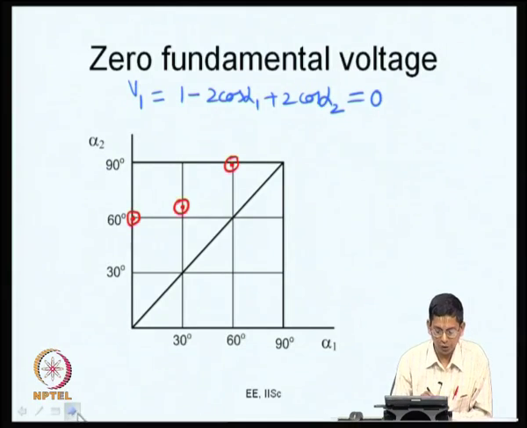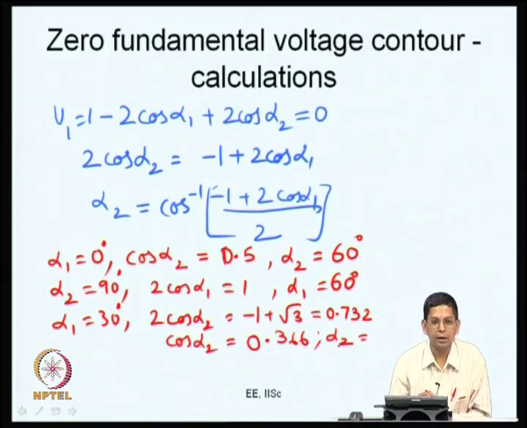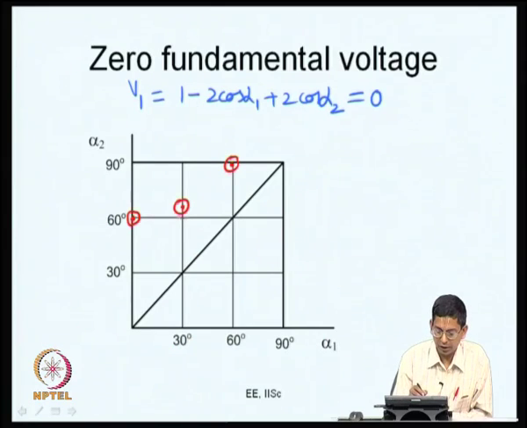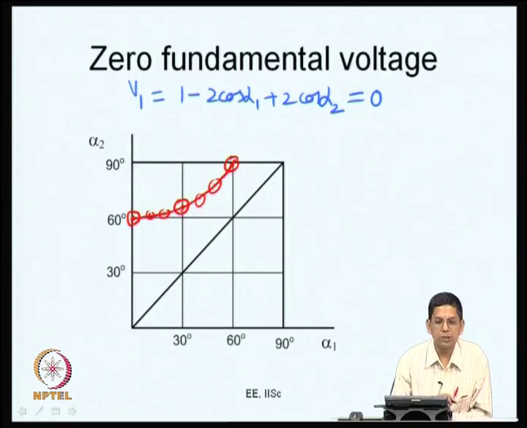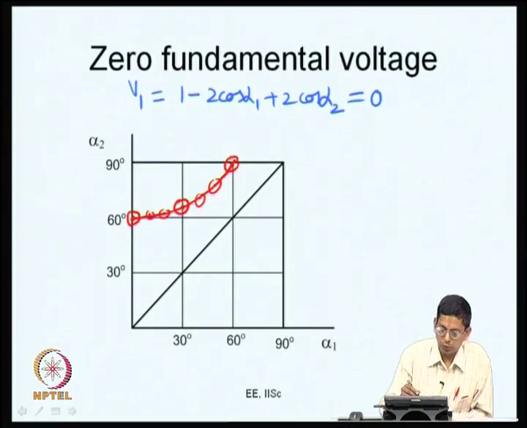You can find out the exact value with your calculator and you can plug this in, you will find that it is coming somewhere like this. So, if you take several points in between, you can get many such points like this, and you can join these points together and this will be your V 1 is equal to 0.